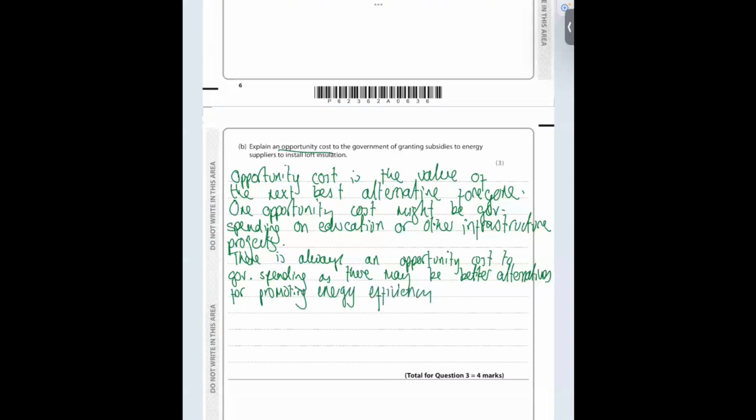And maybe I'll just add in something here, like spending on educational infrastructure projects, e.g. wind turbines. I don't know, maybe that will give us some green energy, and that can help with it. Or maybe there's some other thing other than loft insulation.